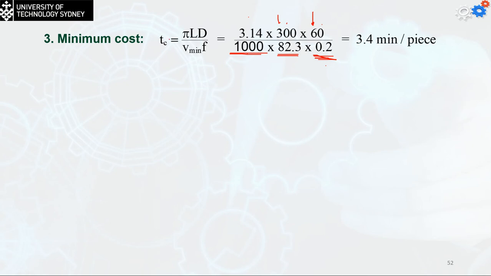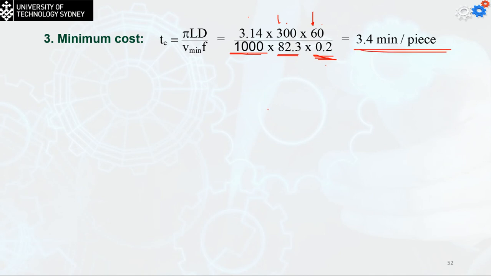And then we find that the minimum cost should be done first by finding the time required for machining one piece at the minimum velocity, and this will be equal to 3.4 minutes per piece.